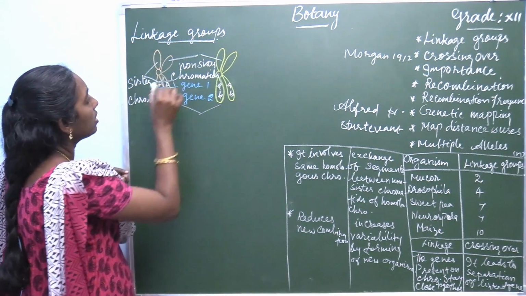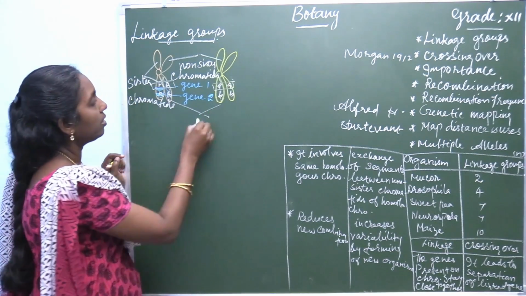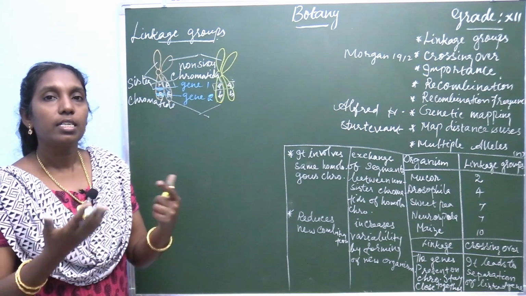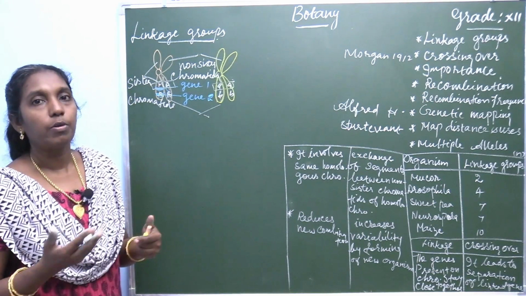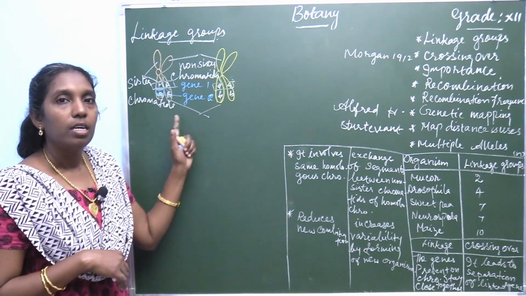In this locus, the genes here and here are exchanged from the non-sister chromatids. So it increases the new recombinant genes and produces new varieties. That is the process.